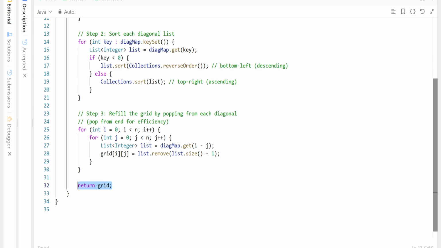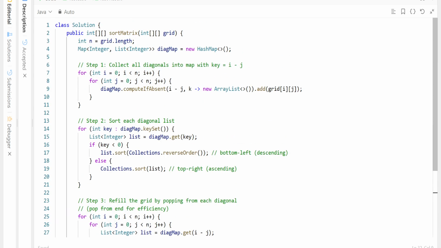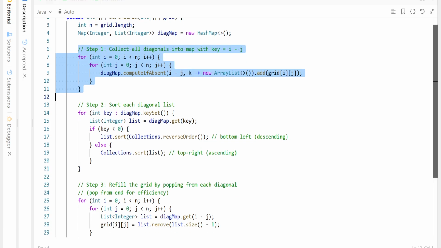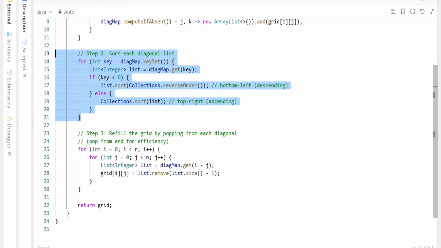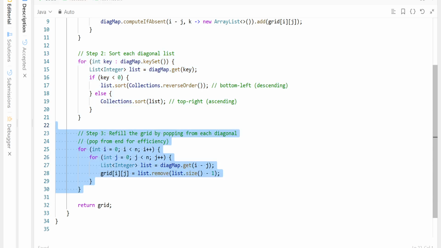Okay, I hope you understand. So what we have done: very first we define the diagonal key-value pairs and group the diagonals. Once we group the diagonals, we sort them. Once we sort them, we just replace the values on the grid after the sorting.